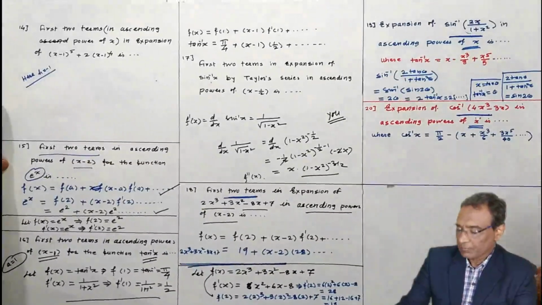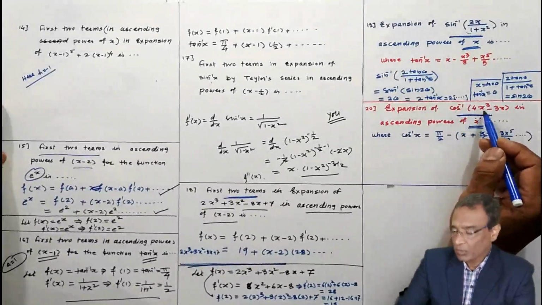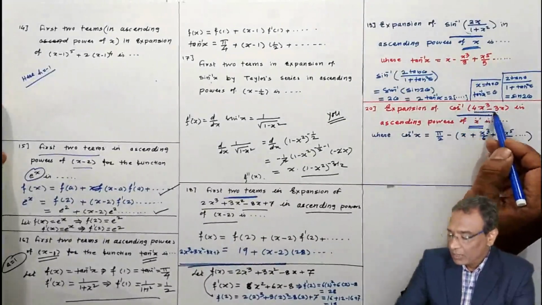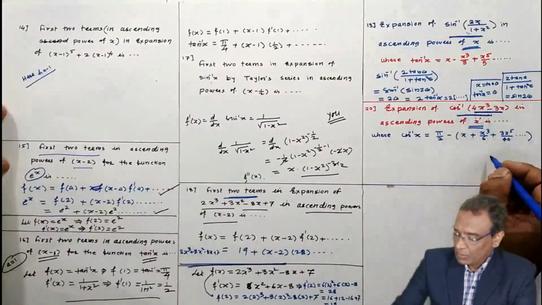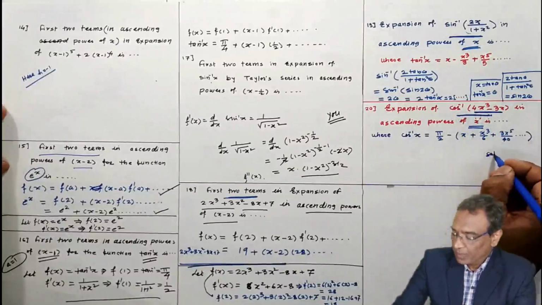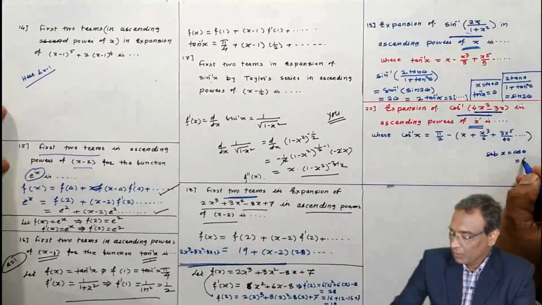Similarly, in the cos inverse problem, you put down the value of x such that this bracket will be cos, because cos inverse is outside. Now substitute x equal to cos theta and theta will be cos inverse of x. It is very clear.